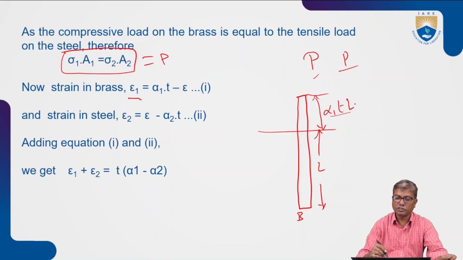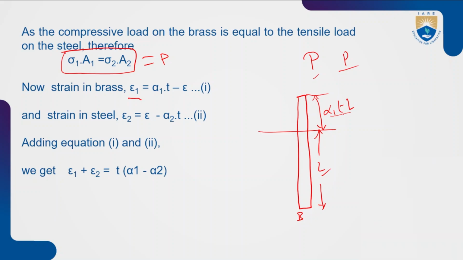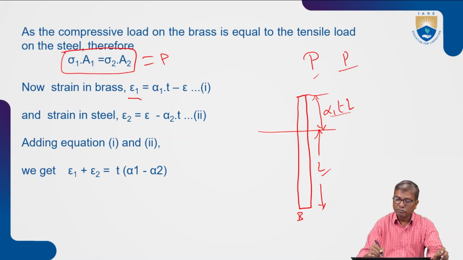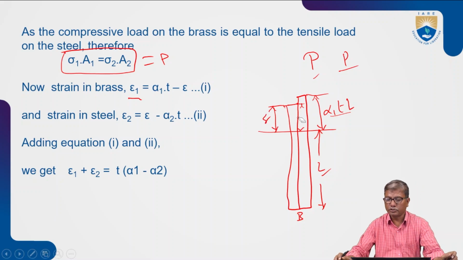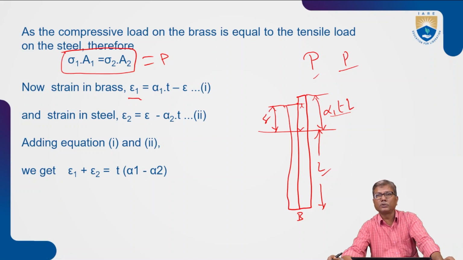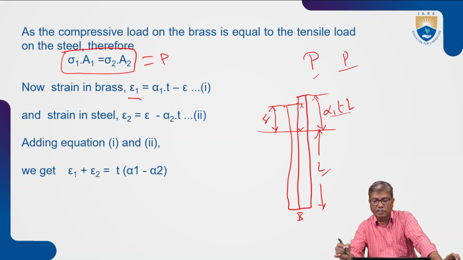Strain is expansion by length, alpha 1 T. But it settles at an expansion of delta. The final expansion is only delta because it is not free to expand, connected rigidly to steel bar, isn't it? Final expansion will be less than that of free expansion, alpha 1 TL.